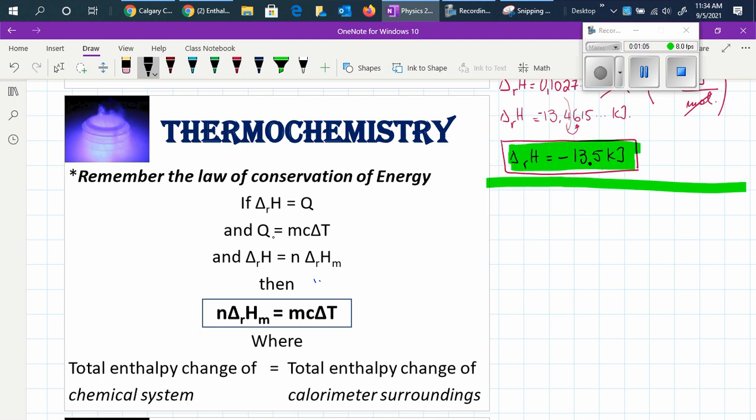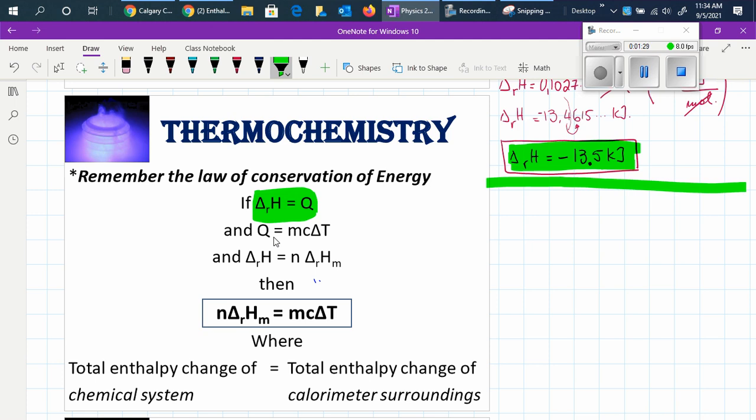The way the conservation law of energy is written in thermochemistry is that the total enthalpy change of the reaction is transformed into heat of the surroundings.